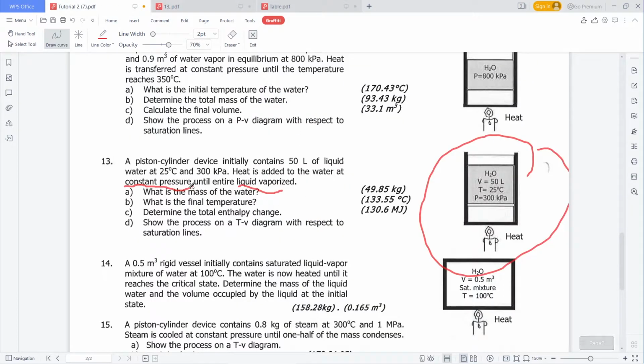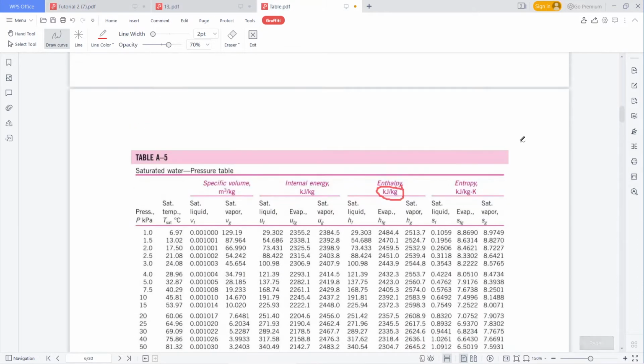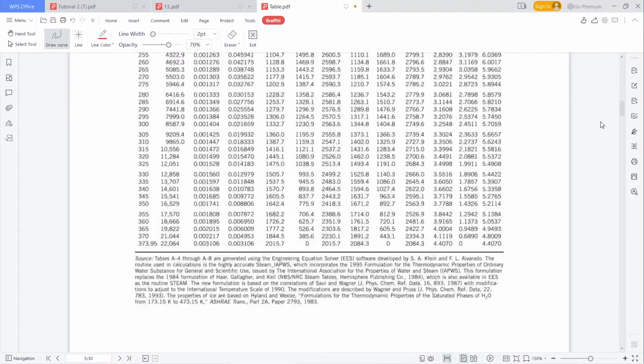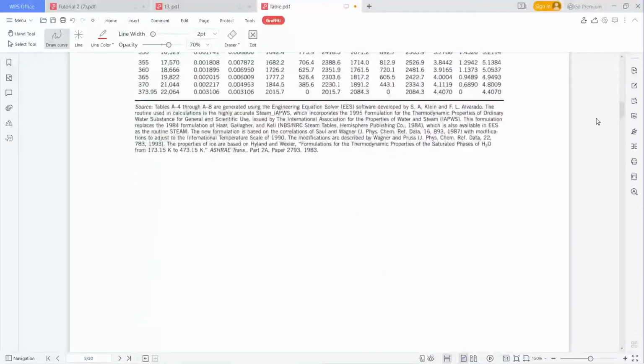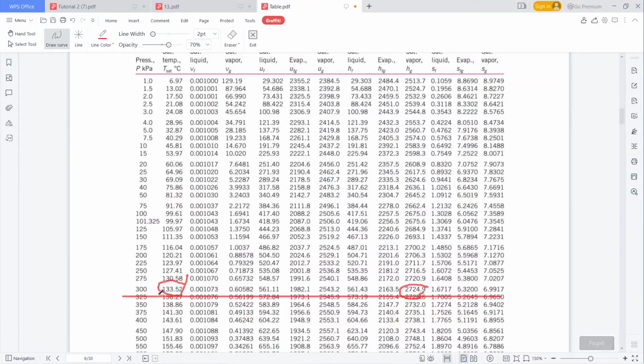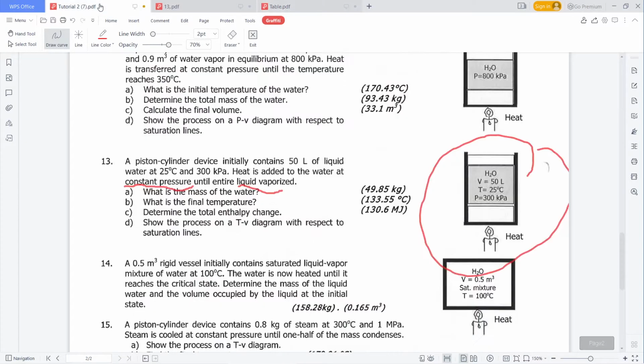At the initial state, the water is at 300 kPa and 25 degrees C. If we go to the saturated pressure table A5 at 300 kPa, the temperature will be 133.52, but the temperature we are dealing with initially is 25 degrees C. So it means the water is compressed liquid.